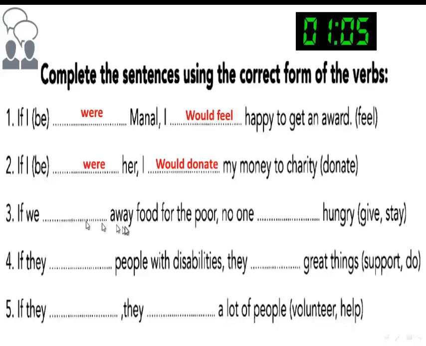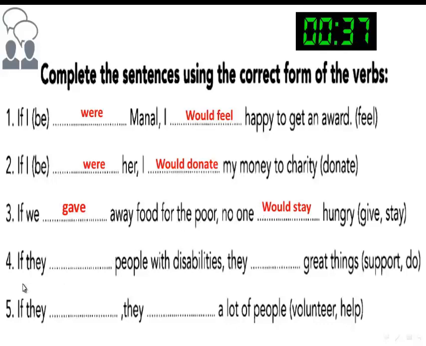If we, what's the past form of give? So the past form here, if we gave away food for the poor, no one, so here stay, no one would, right? Would, and the base form of the verb stay, would stay. If we gave away food for the poor, no one would stay hungry.